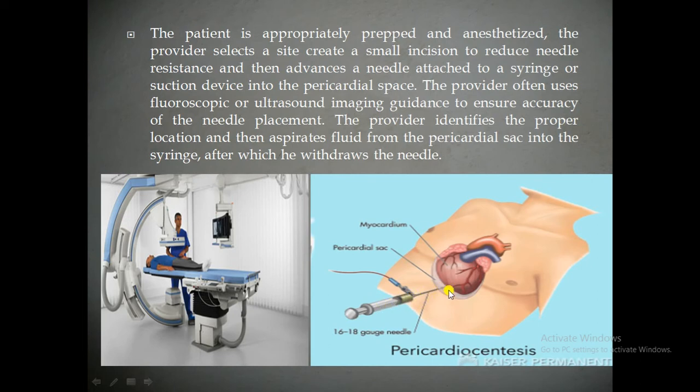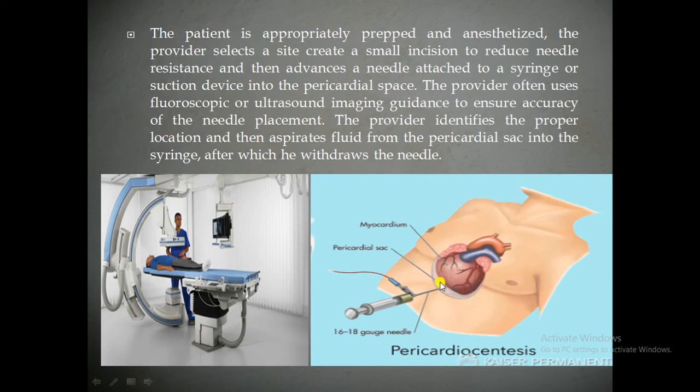Then the physician will slowly remove the needle and send that fluid to the lab for diagnostic purposes, or for the prevention of disease, or, for patients who have pericardial effusion or cardiac tamponade, he will remove this fluid.